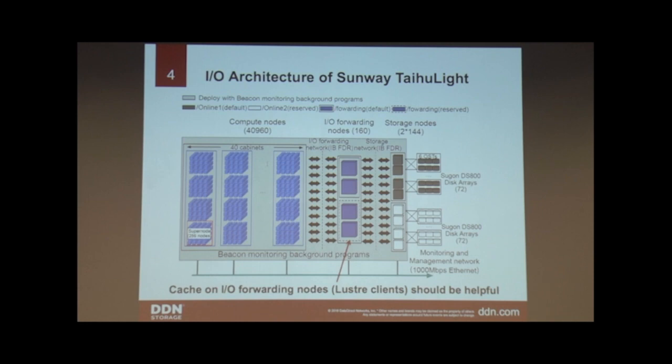As you can see from this architecture, they use Lustre or another file system as the backend storage, and between the storage and the compute nodes, there is a level of I/O forwarding nodes. At that time, we thought it might be a good idea to add a cache level in the I/O forwarding nodes. That's why we had the idea of adding a cache level on the Lustre client.